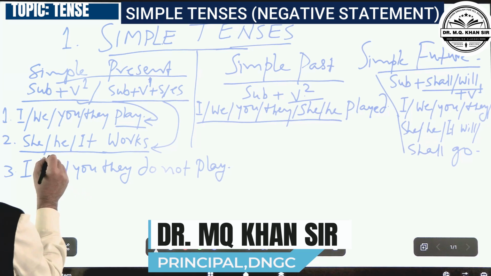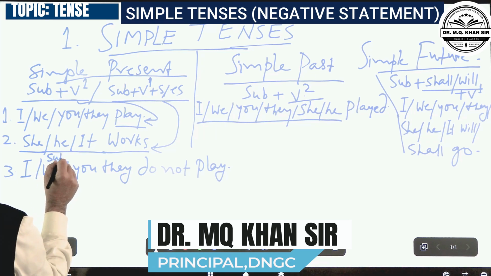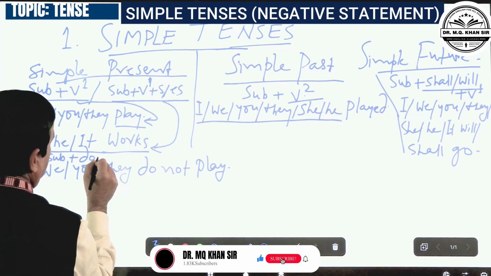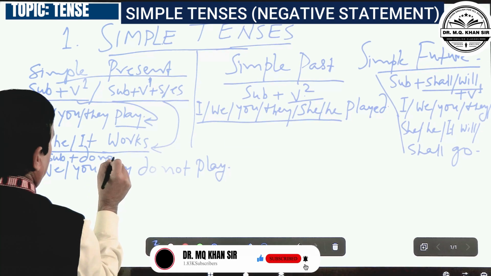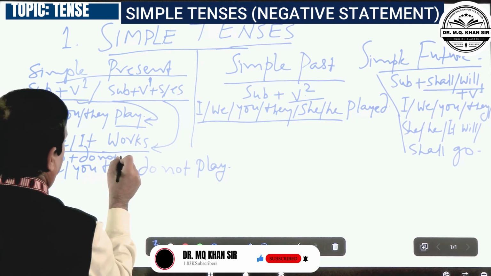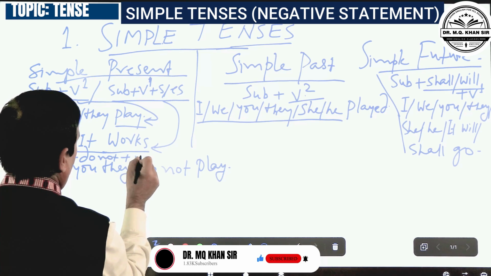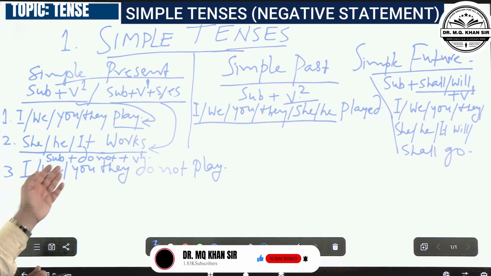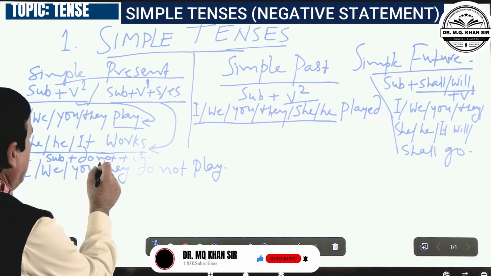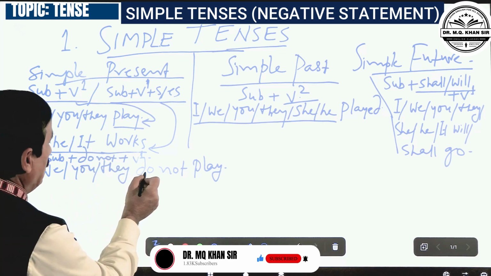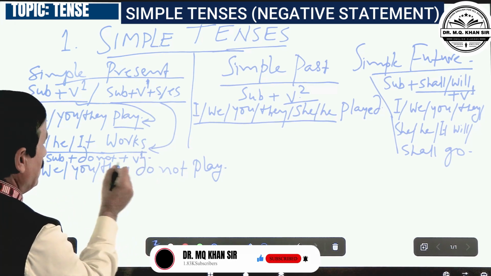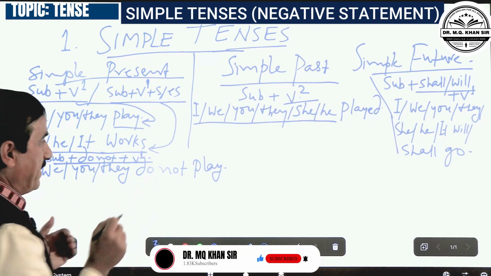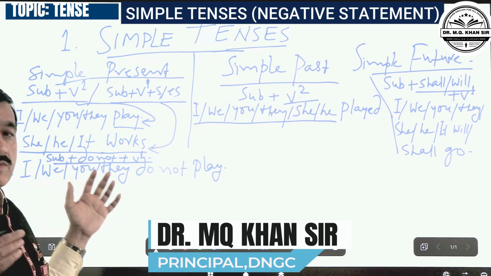You can see here it is subject plus do not plus V1. So you see subject, I, we, you, or they, plus do not, plus play, V1. So this formula shall be applied when it is full negative.